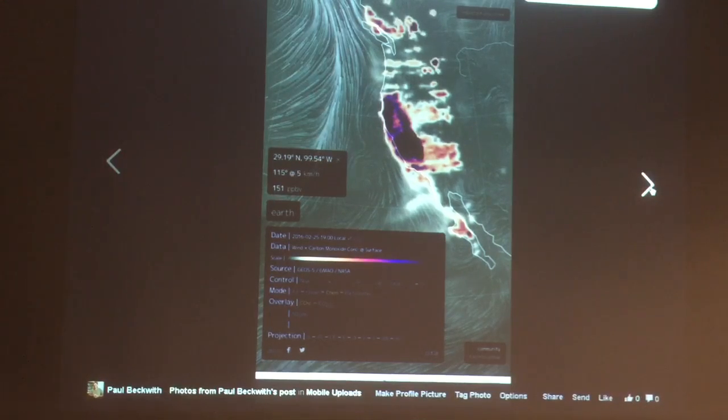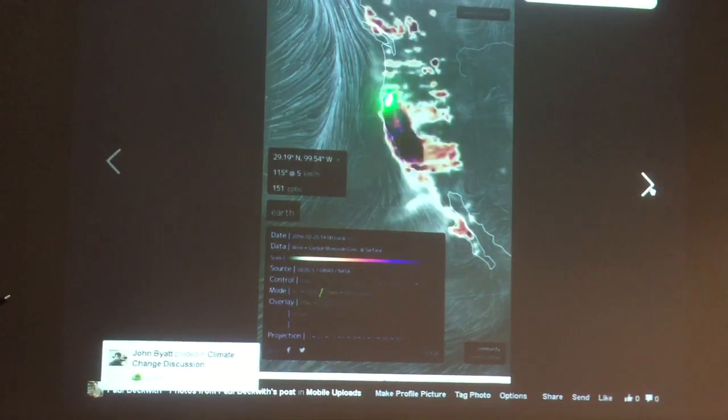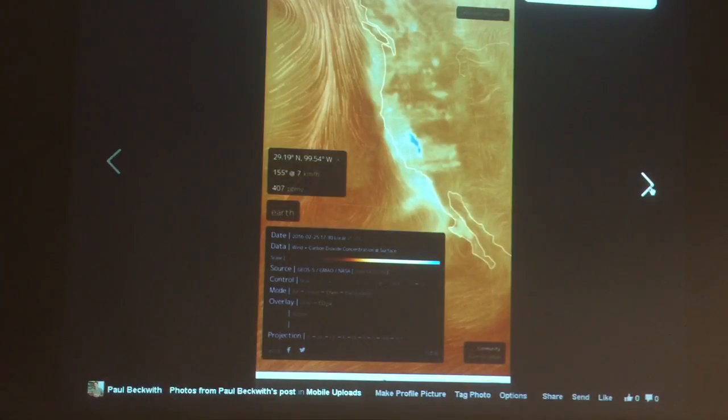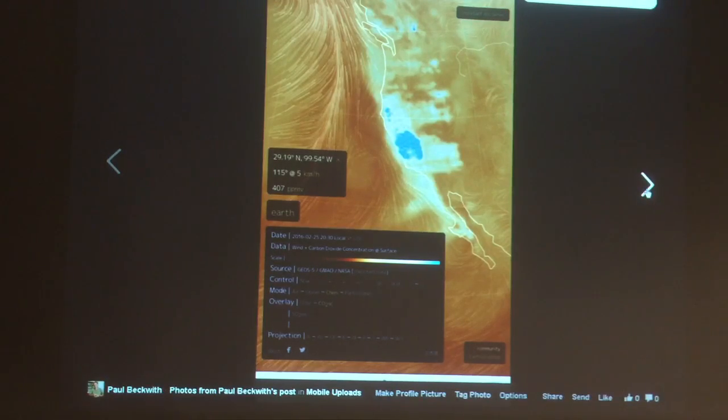Okay, so you can see that there's a huge increase in the carbon monoxide level, a huge transition. Okay, so it's not just carbon monoxide. This is CO2. That's 1600 hours on February 25th, and 1900 hours on the same day, so 3 hours later.